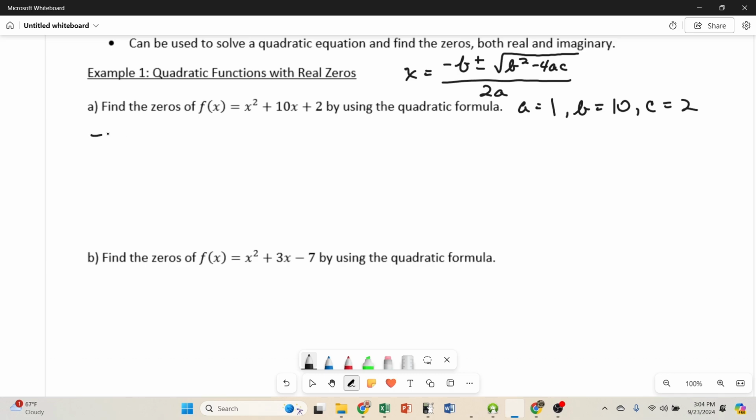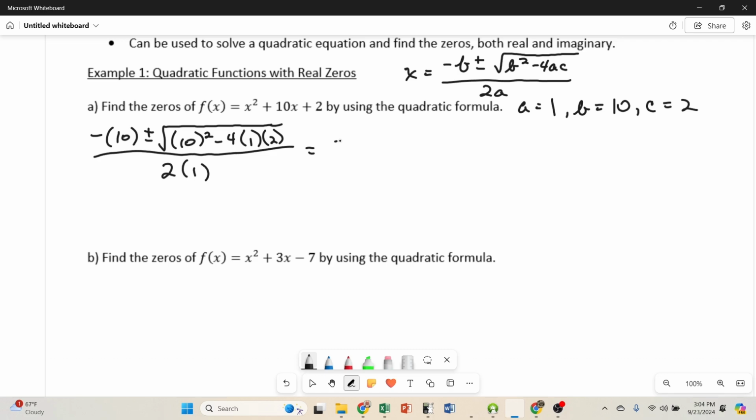So negative 10 plus and minus the square root of 10 squared minus 4 times 1 times 2, and we're going to divide this by 2 times 1.